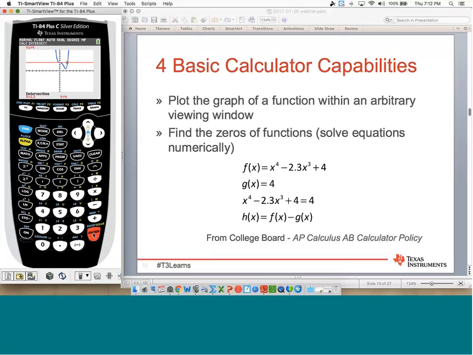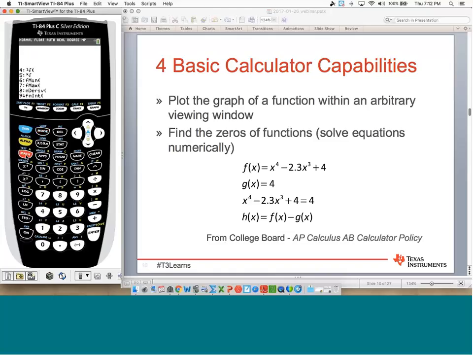Now, the other way, not using the graph, I just wanted to show you very quickly. But again, knowing that there's two solutions and getting that from the graph is extremely important. So I'm going to get out of the graphing and go to the home screen on the 84.